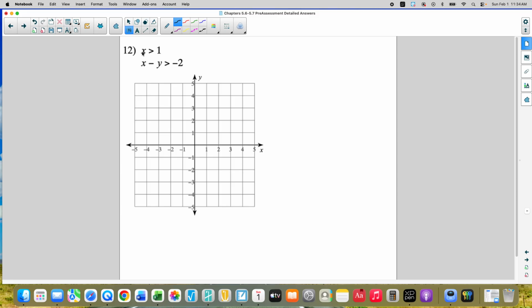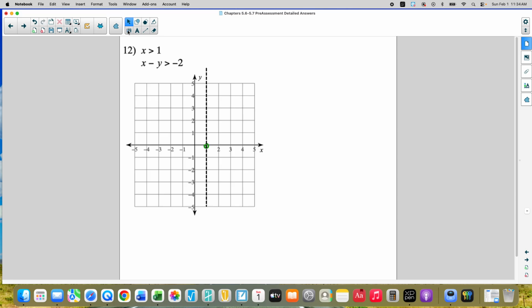And last one, I like this. We notice that this is a single variable, and that variable is x, so it's going to go through the x-axis at 1, and it's an open circle, and so we're going to get a vertical line.